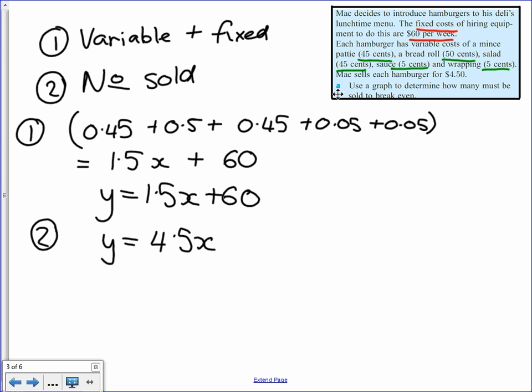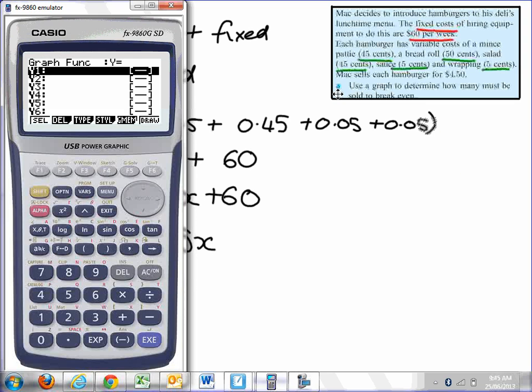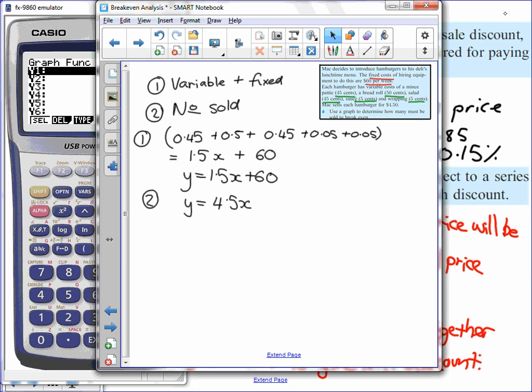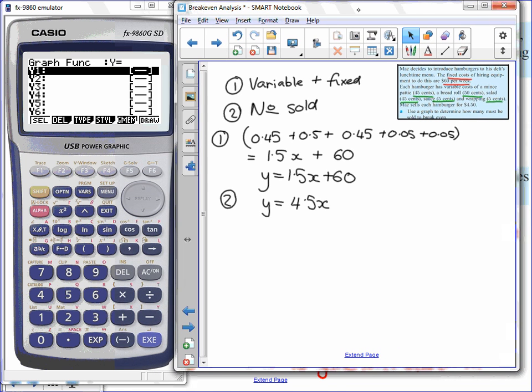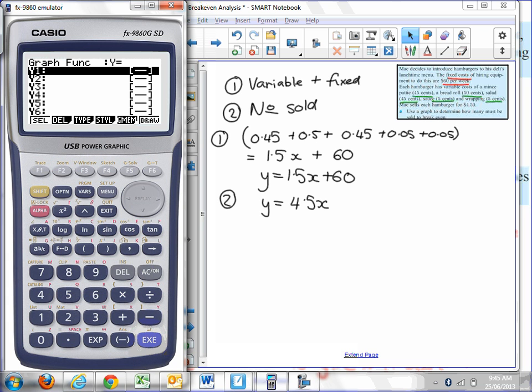If you turn on your calculator, this time we're going to be using the graph function, so number 5. We're going to put in our two equations. On one line, we've got y is equal to 1.5x plus 60.